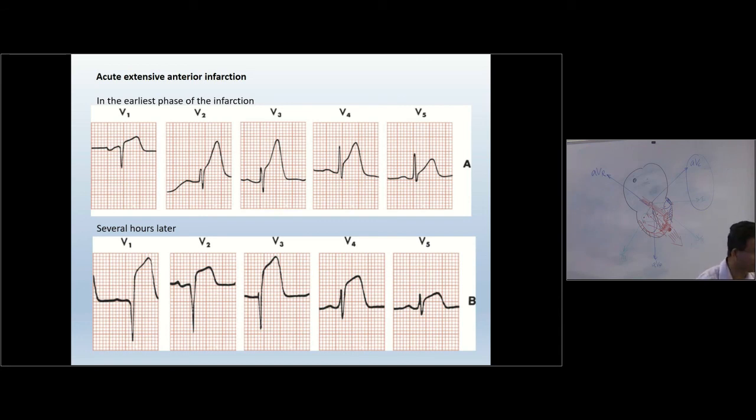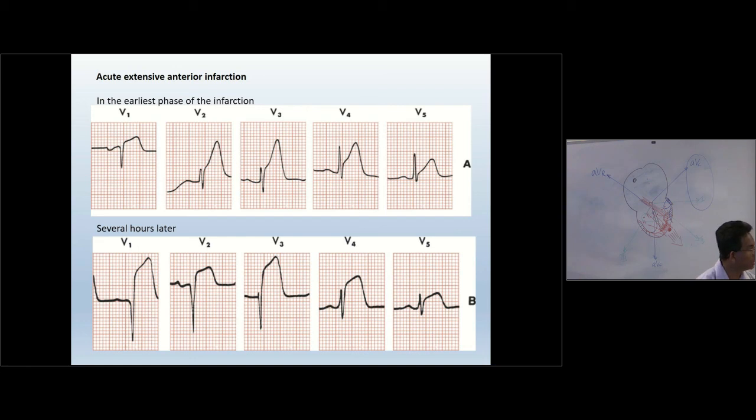But for your information, the shape of the ST elevation changes with time. If your patient is experiencing ischemia right in front of you, the shape will be like that. But if the patient experienced chest pain about 24 hours ago, the shape is different. Later we are going to teach those changes.